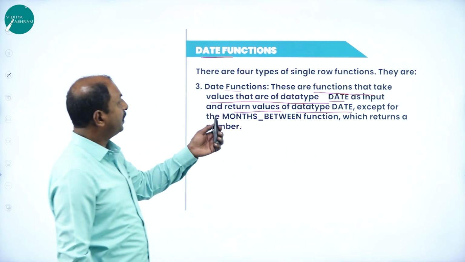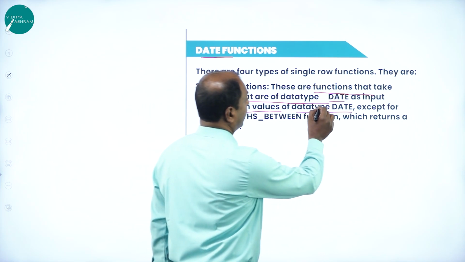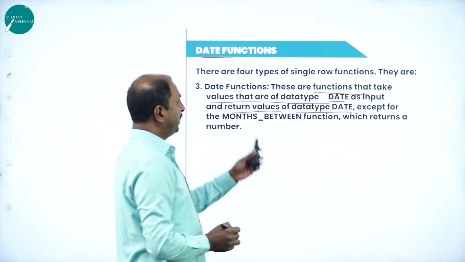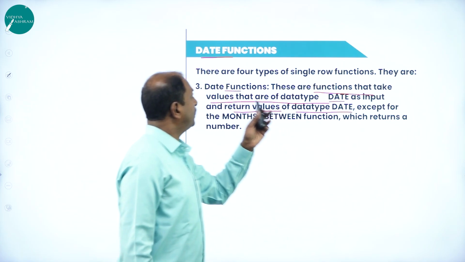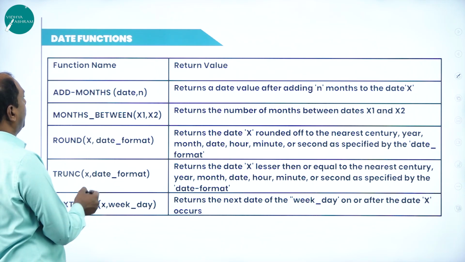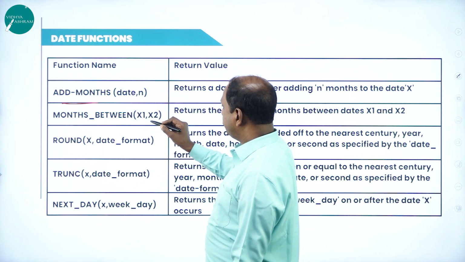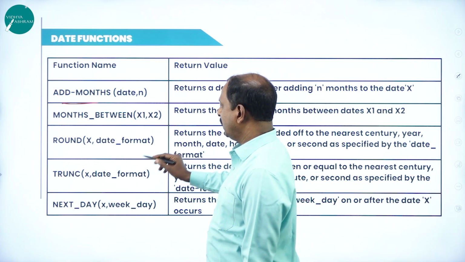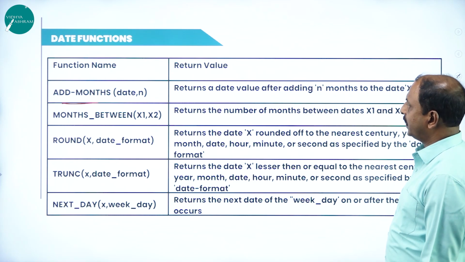So this is the definition of a date function, which accepts input of data type date and returns values of data type date. Under date functions, we have the following types: add months, months between, round, trunc, and next day. These are all different date functions.